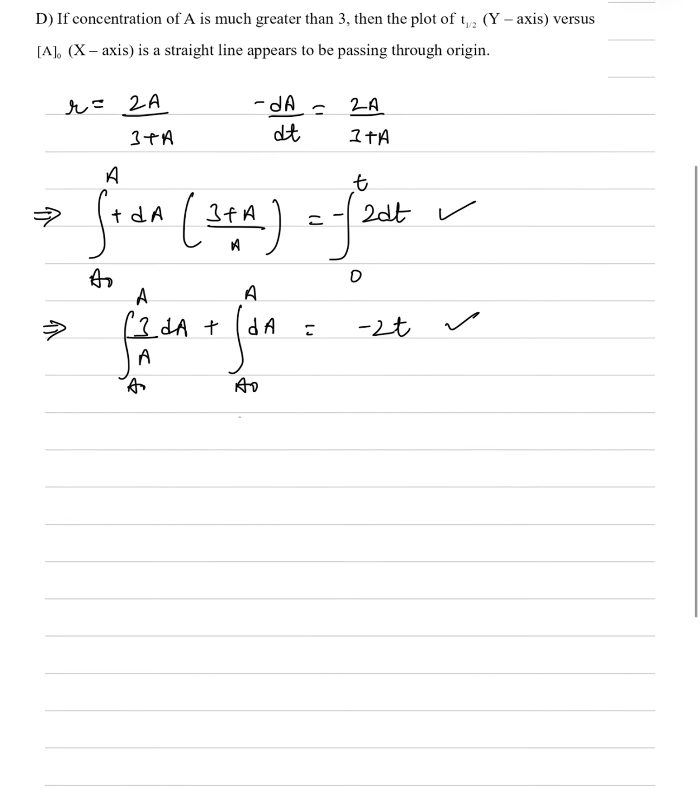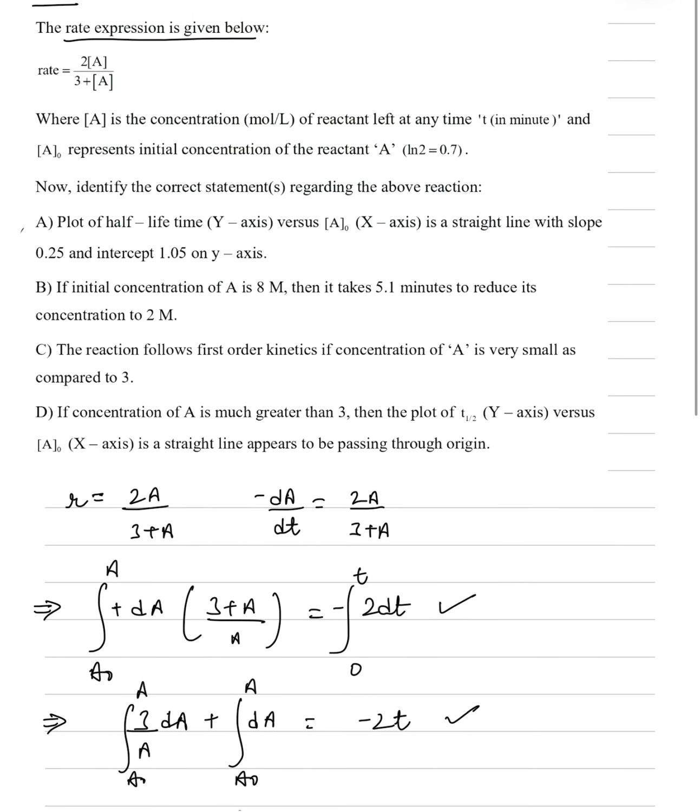Now upon performing the integration and putting in the limit values, we will obtain 3 times ln of A upon A naught plus A minus A naught is equal to minus 2t. This is the equation we obtain, right? So this is the final equation of the rate equation for this reaction.